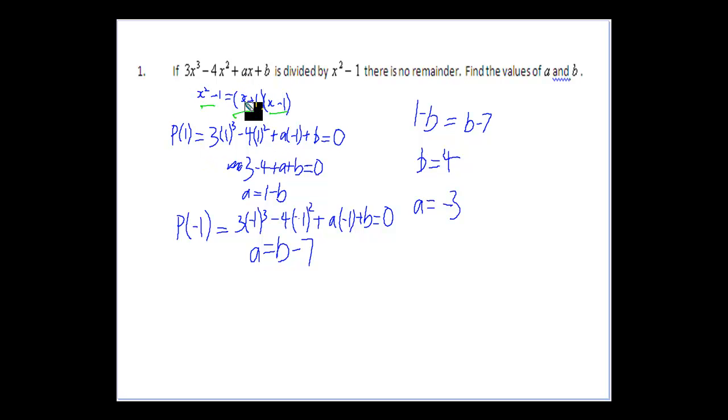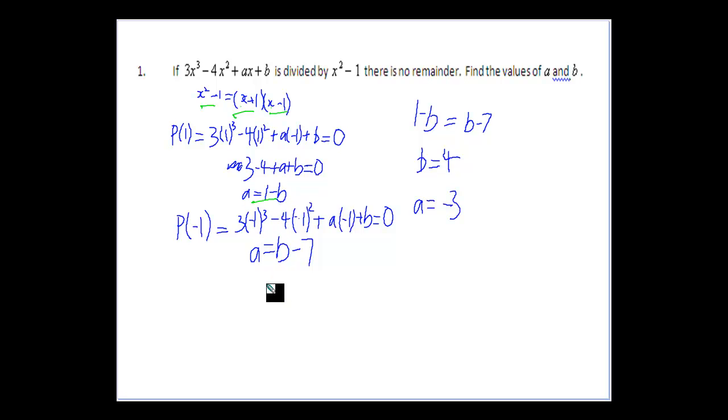So we know that because it can be divided by that with no remainder, x equals minus 1 and x equals 1 must be roots of the equation. If we substitute 1 in, because a root of an equation would equal 0, and do our algebra and arithmetic, we get down to a is equal to 1 minus b, so we get an equation in a and b.